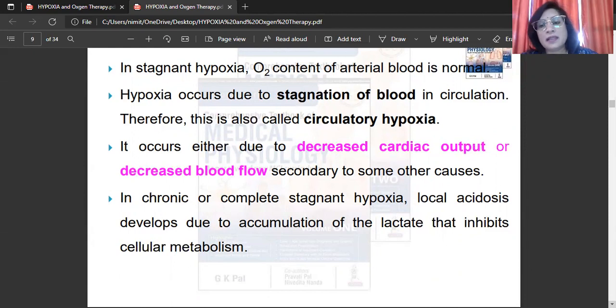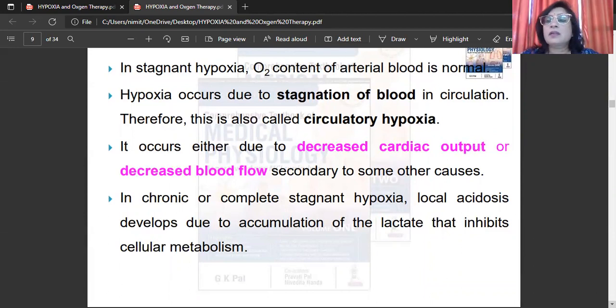Decreased cardiac output or decreased blood flow occurs in chronic or complete stagnant hypoxia. Local acidosis will develop due to accumulation of lactate that inhibits the cellular metabolism.